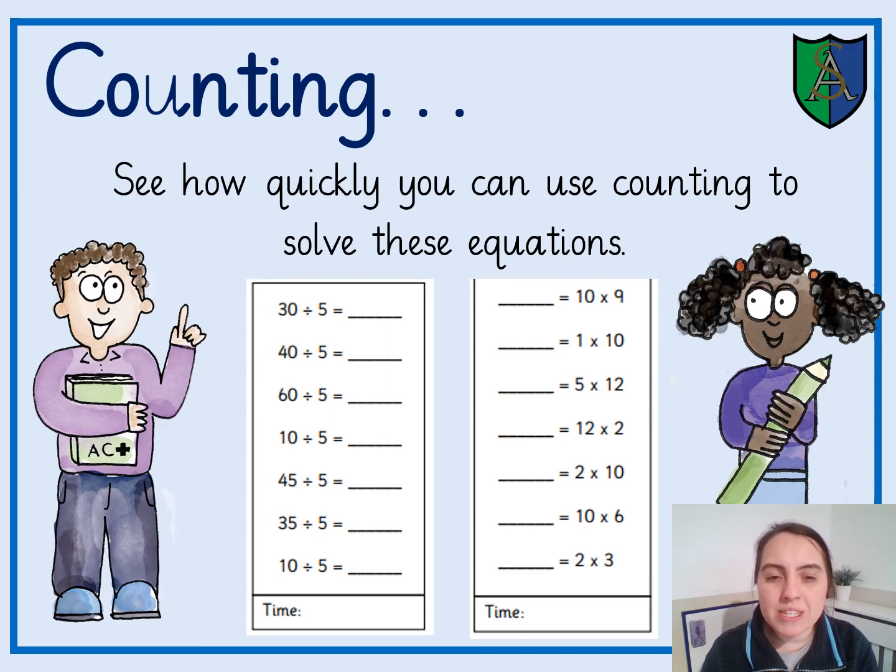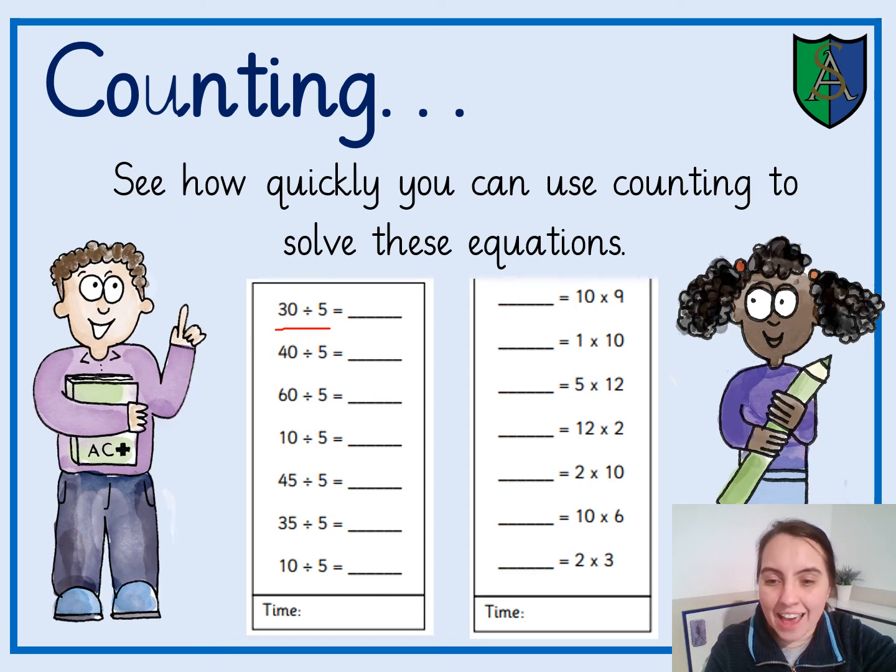So remember, when we're dividing by 5, if you count in your 5s until you reach the whole amount, then you will get the answer. So for example, the first one that says 30 divided by 5, I'll just underline it so you know which one I'm talking about. 30 divided by 5 up here, if I counted in my 5 times tables until I reached 30, the whole, then that would give me the answer.